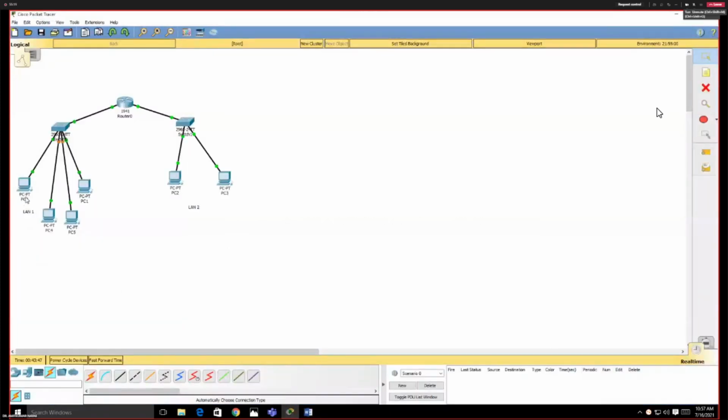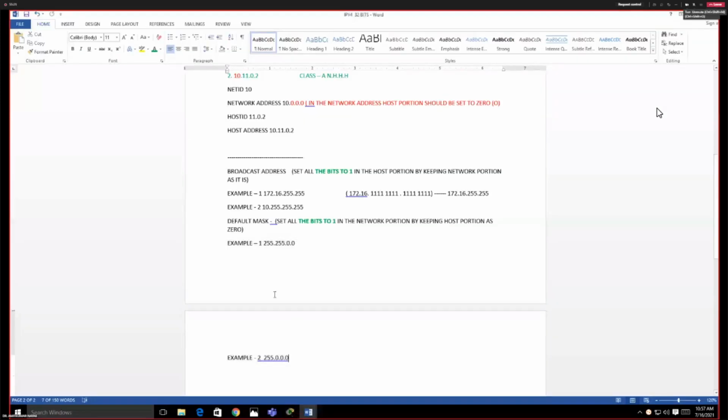If computer 1 wants to send a message to the remaining computers, this situation is known as broadcast. So PC0 can send a message by keeping this IP address as the destination IP address. In a local area network, if you want to do a broadcast, you have to follow the broadcast address. So for one-to-all communication in LAN, you have to follow the broadcast address. Are you getting what the broadcast address is?